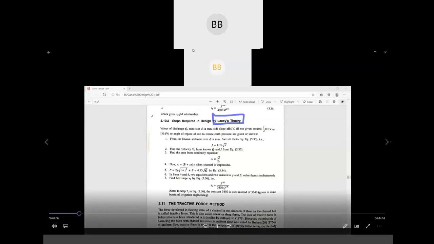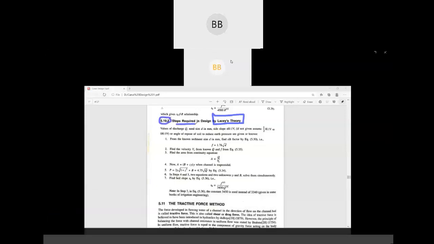Kennedy's theory we have already discussed in the last class, and it is a trial and error method. And Lacey's theory we are discussing today.